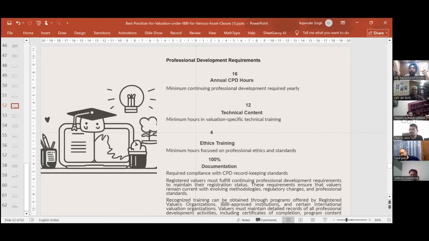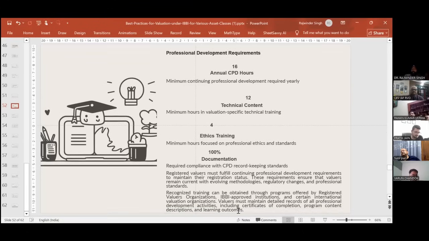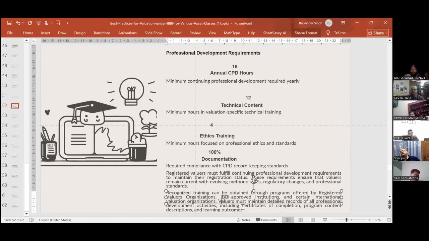Recognized training can be obtained through programs offered by RVOs, IBBI approved institutions, and certain international valuation organizations. Valuers must maintain a detailed record of all professional development activities, including certificates of completion, program content description, and learning outcomes. So this is an important thing.